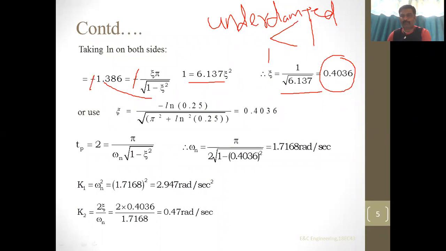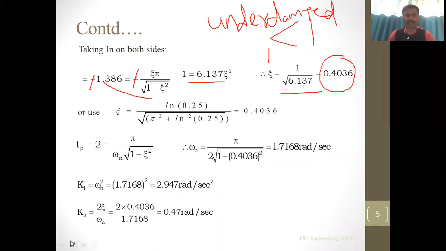Next, I shall go for one more parameter, TP. Now by using MP, we have evaluated xi, but still our requirement is not met. Our requirement is K1 and K2. Thereby, next step I shall make use of this TP. TP is equal to 2.3. Now what is TP? TP is equal to pi divided by omega d.